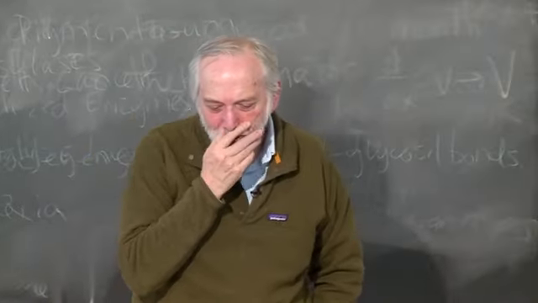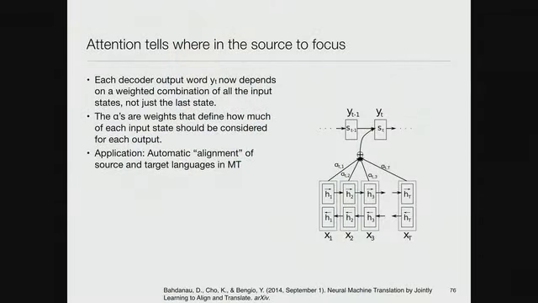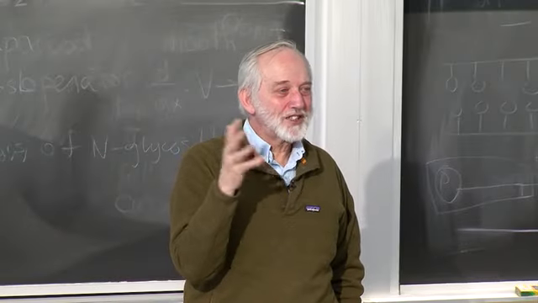So then someone, namely these guys, came along and said, wouldn't it be nice if we could provide some auxiliary information to the generator that said, hey, which part of the input sentence should you pay attention to? And of course, there's no fixed answer to that.